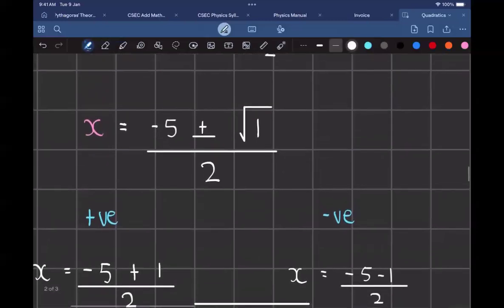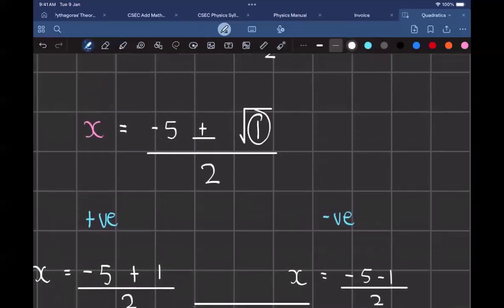But what if you get the square root of 0 now? You end up with -5 plus or minus 0. And if you add or minus 0, will that change the answer? Think carefully. If I give you $0, you still have the same amount you had.